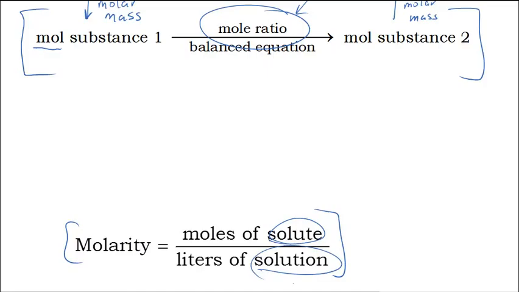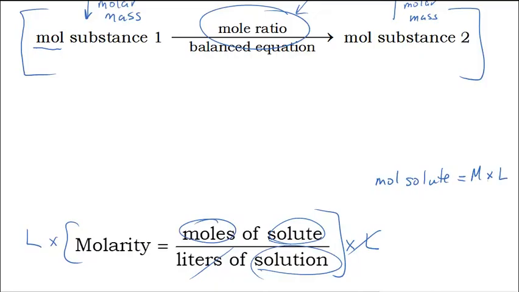If we're thinking about moles and molarity, here's our moles in that equation. So we can always solve for moles of solute if we need to. How would we do that? We'd have to rearrange this equation. We'd multiply both sides of the equation by liters. Liters on this side would cancel. And make sure you know this: moles of solute is going to equal molarity times liters. Very useful to know.